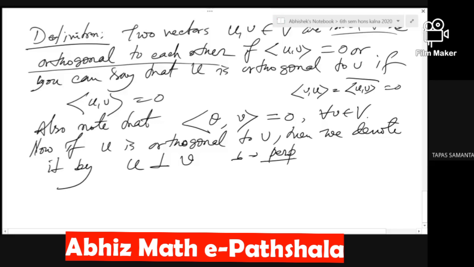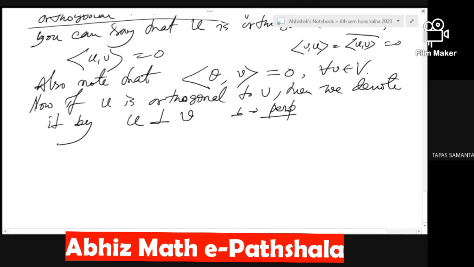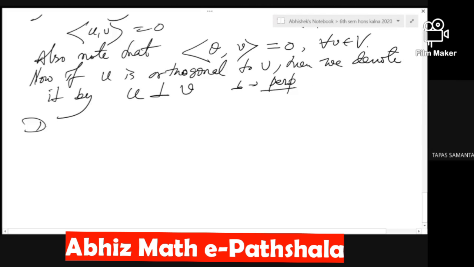So this is the notation. And from that you can write that theta is perp to every vector. Theta is orthogonal to each vector.